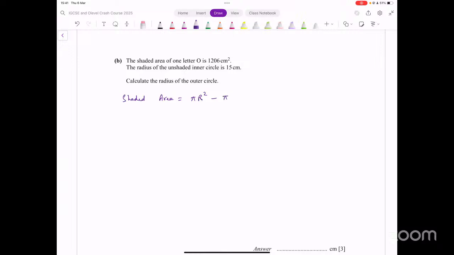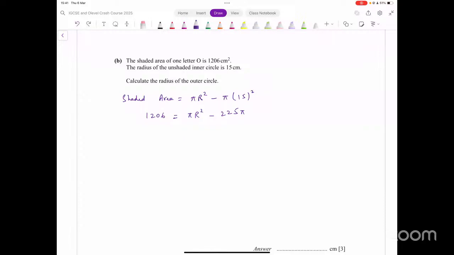That would be pi into 15 squared. That's the radius of the smaller circle. That's the shaded area. They're telling us that the shaded area is 1206. So we equate this to 1206, and that gives us pi r squared minus 225 times pi equals 1206.